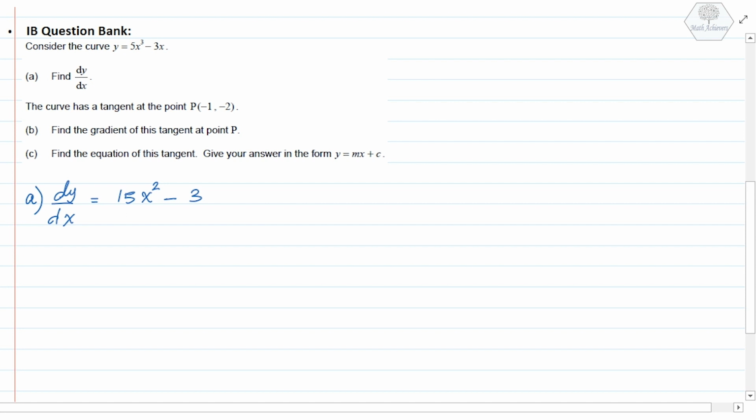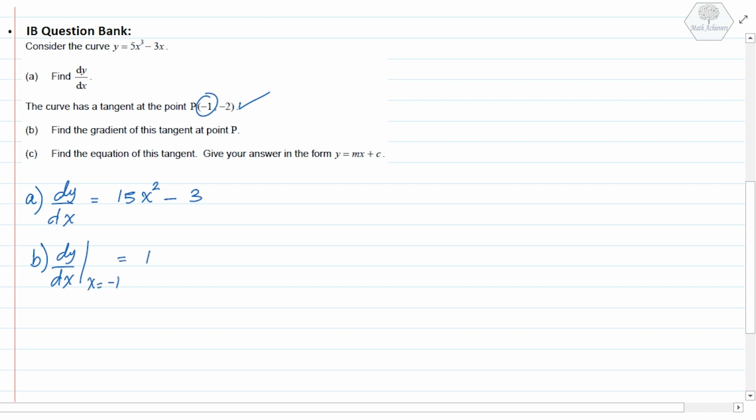Now the curve has a tangent at point P, which is (-1, -2). Part B of the question, we need to find the gradient of this tangent at point P. So I want to find the value of the first derivative at x equals -1.